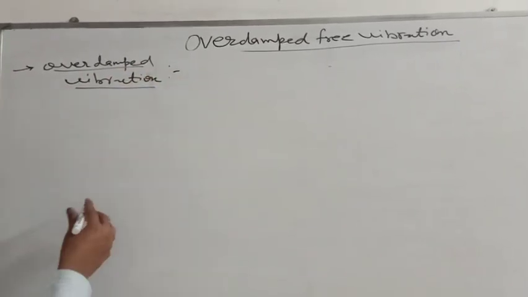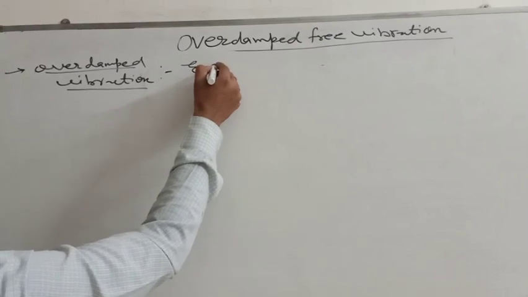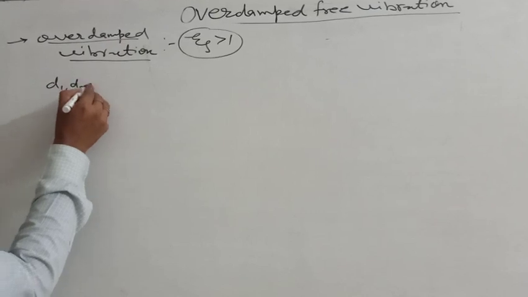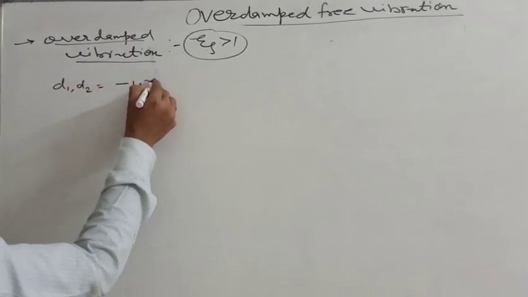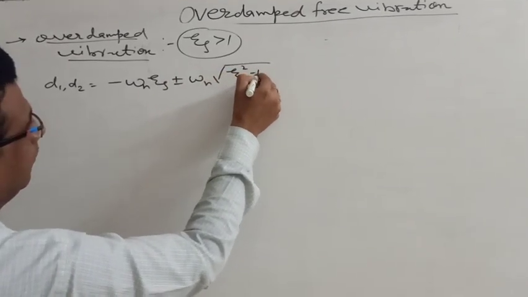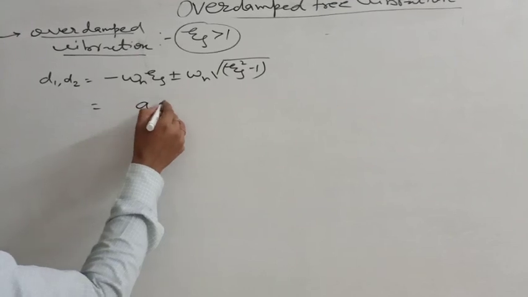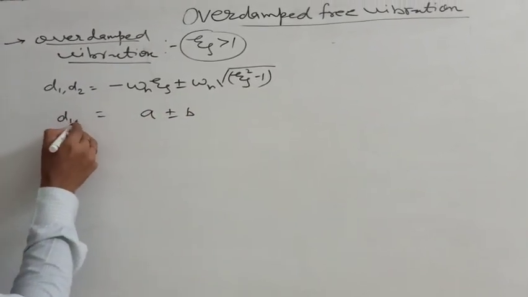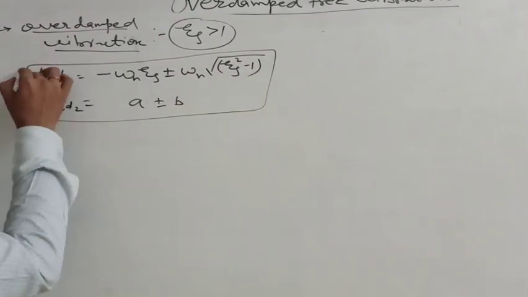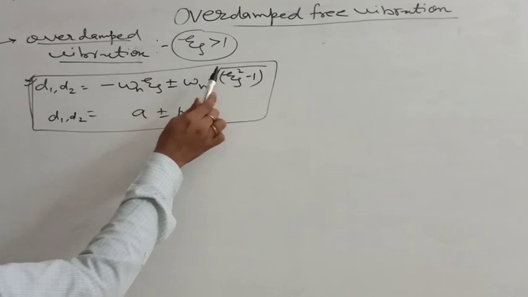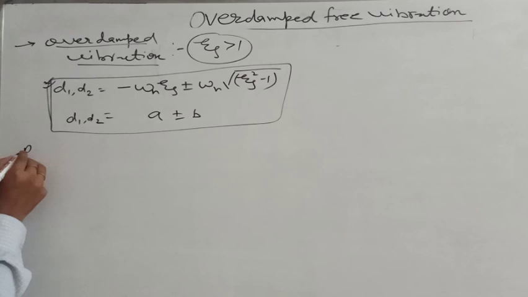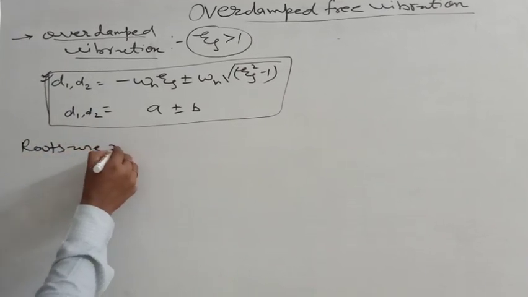Now it is clear that for overdamping, the value of zeta should be greater than 1, and according to the roots equation, plus minus omega n under root of, and if you are considering this in terms of a and b, then the roots equation for zeta greater than 1, this term is positive, that's why the roots are real and negative.